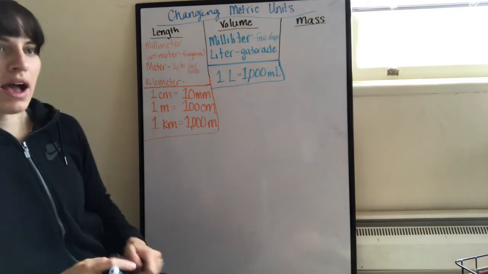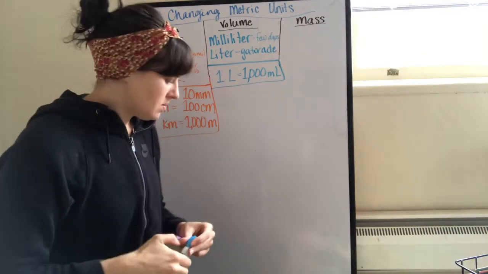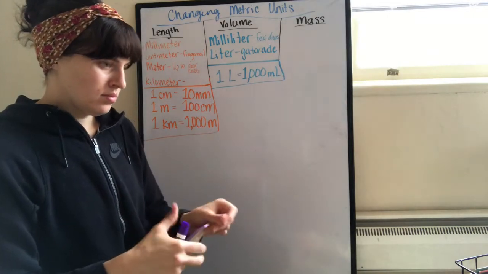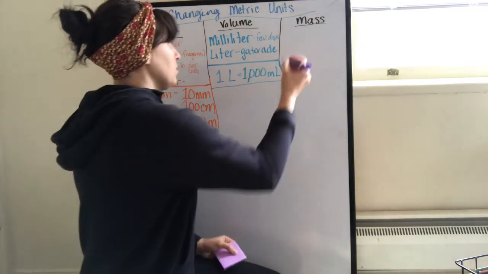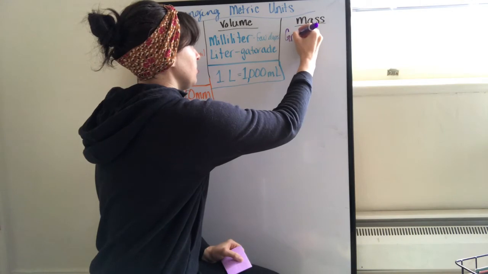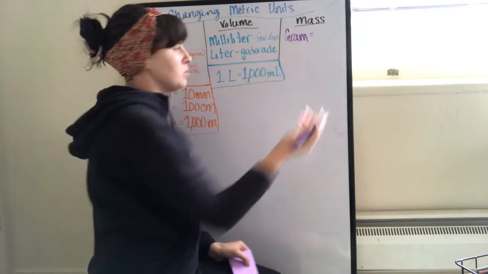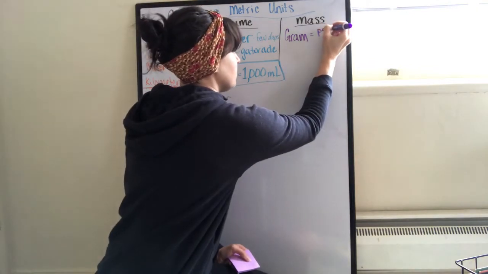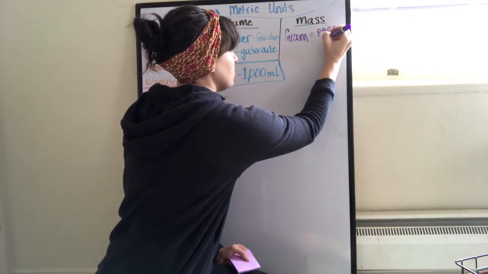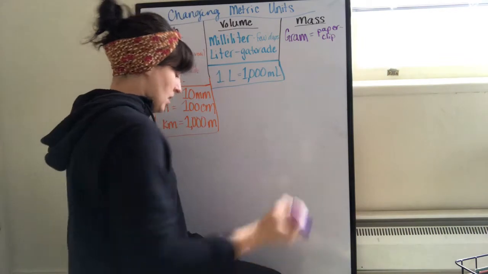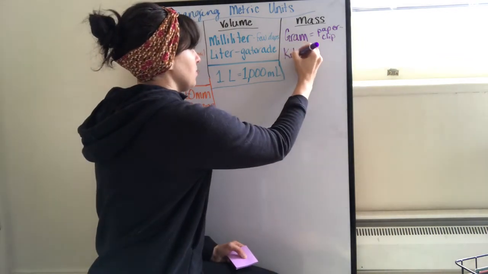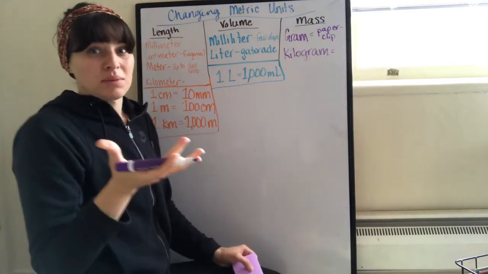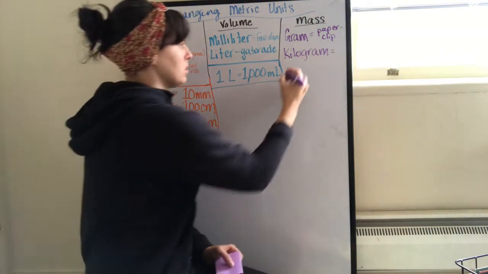And then the last one is mass. Remember, mass means weight. Alright, so we had a gram, which we said was like a small paper clip. And then I had a kilogram, which remember we said that's about as heavy as a dictionary.